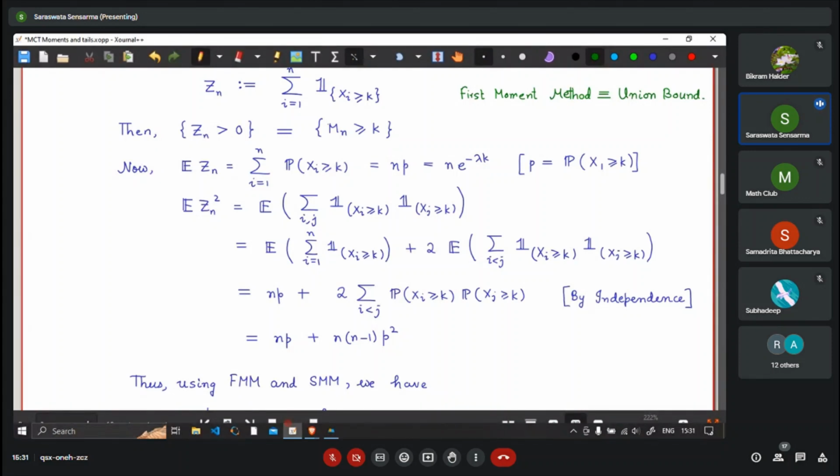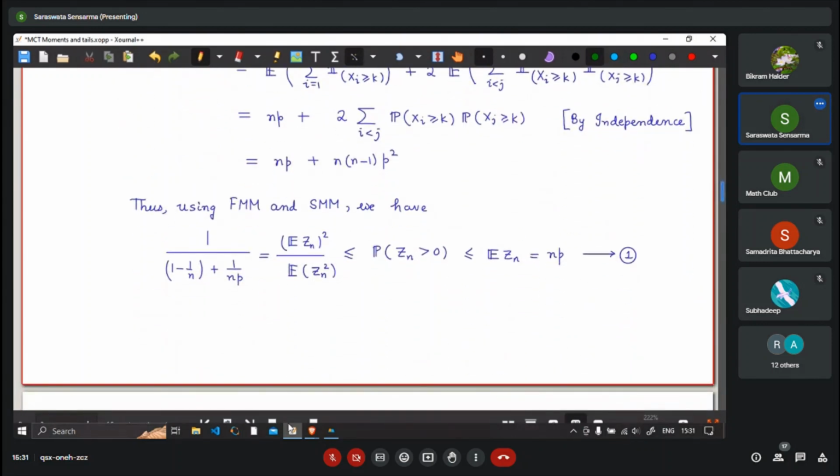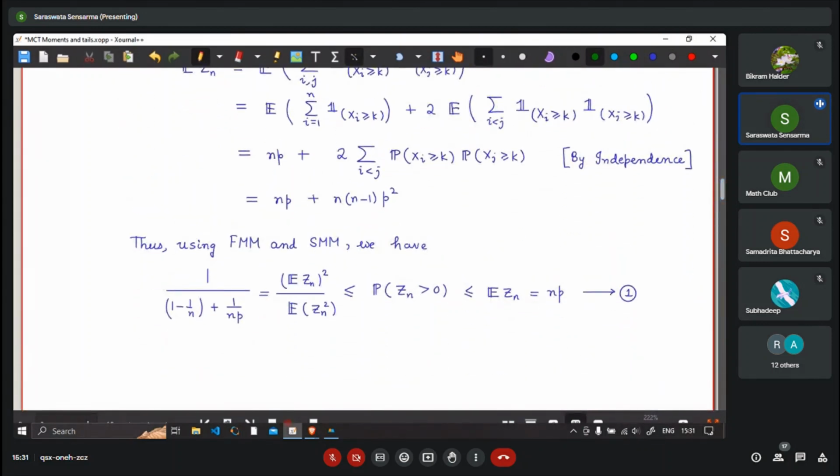Each of these probabilities is p by our setup, so it's np plus n times (n minus 1) p squared. Okay, so I hope there is no confusion about these computations. But where are we getting at with this? Using the first and second moment methods, we get this inequality.